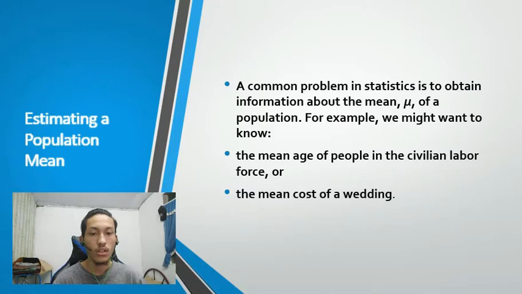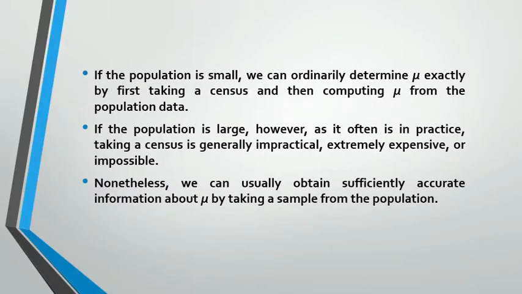As we have to know, a common problem in statistics is to obtain information about the mean of a population. For example, we might want to know the mean age of people in the civilian labor force or the mean cost of a wedding. If the population is small, we can ordinarily determine the mean exactly by first taking a census and then computing the mean from the population data.